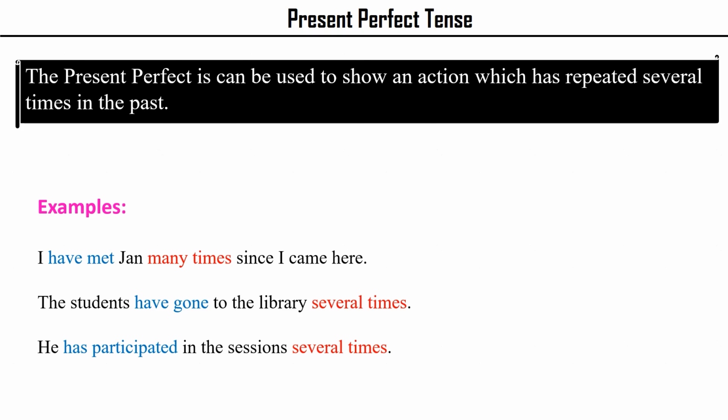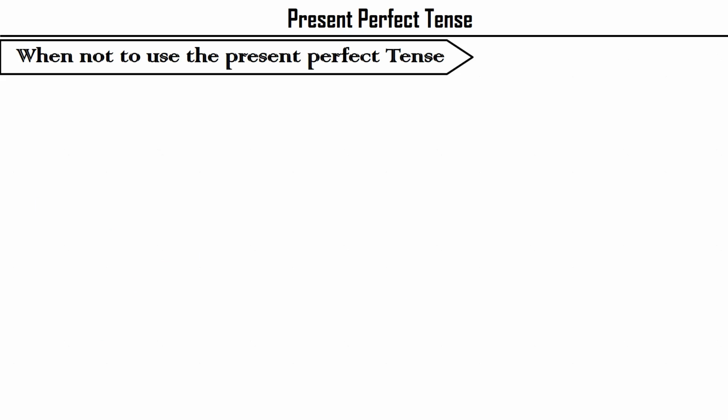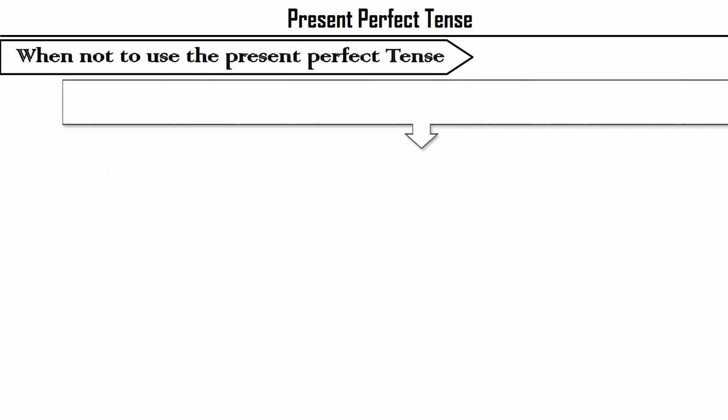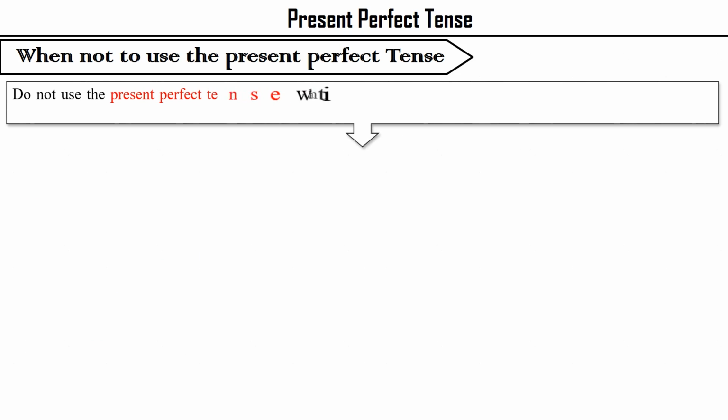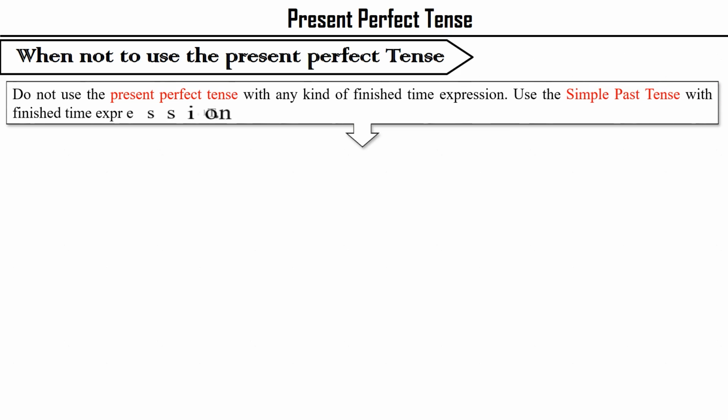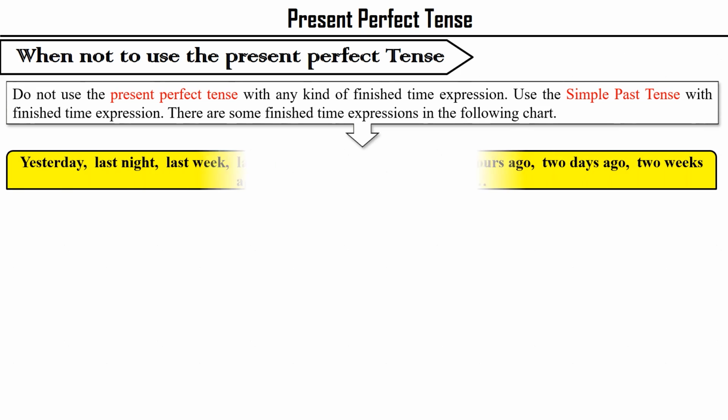Let's move on. When not to use the present perfect tense: do not use the present perfect tense with any kind of finished time expression. You can use the simple past tense with finished time expressions. There are some finished time expressions in the following chart.